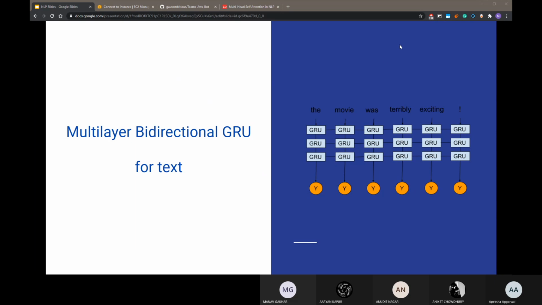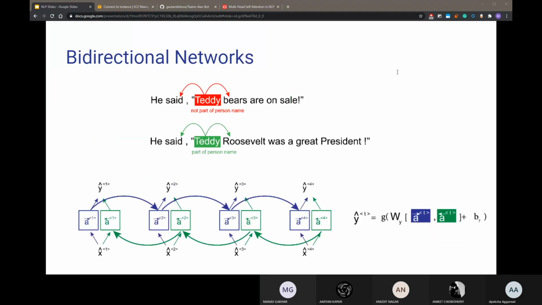We're going to take the example of something called a multi-layer bidirectional GRU for text. It's just a complicated name, but practically it's pretty simple. This is a modification made on the normal RNN network, where it can adjust to an important need in the NLP problem. As you can see here, this is an example of two sentences.